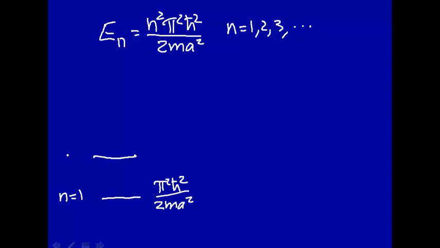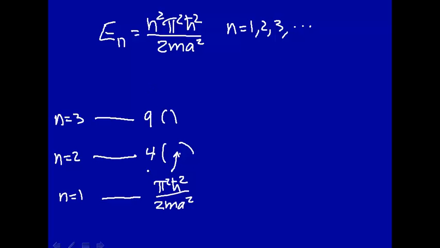When n is equal to 2, the energy is 4 times this quantity. When n equals 3, the energy is 9 times that quantity, and so on. So the energy levels are not evenly spaced. In fact, the spacing between them increases as you increase the quantum number. 1, 4, 9, 16, and so on.